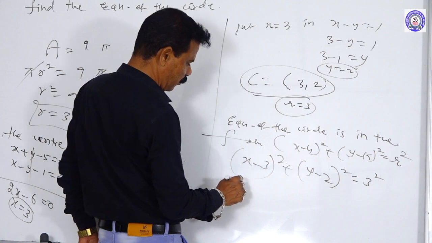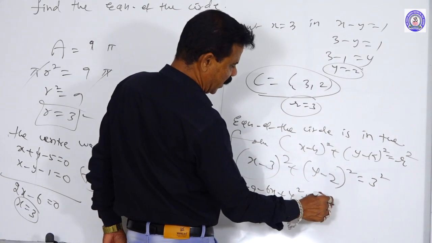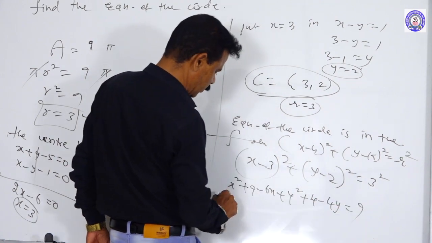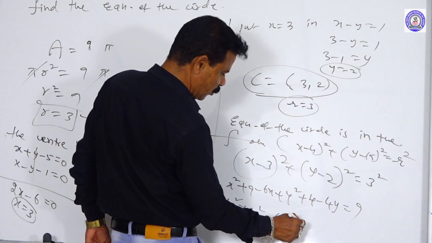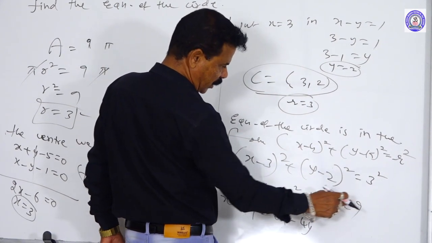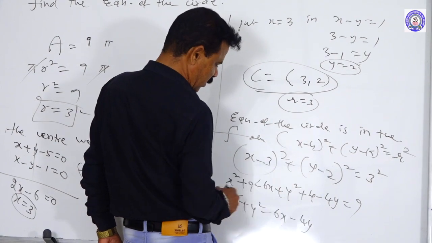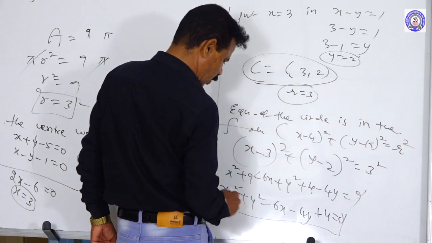This is x square plus 9 minus 6x plus y square plus 4 minus 4y is equal to 9. On simplification, x square plus y square minus 6x minus 4y plus 13 minus 9. The 9 cancels on both sides, remaining 4 only. This is the required equation.